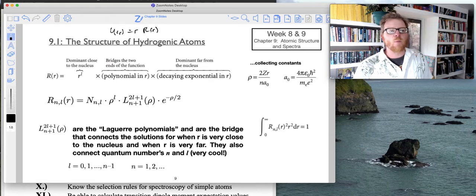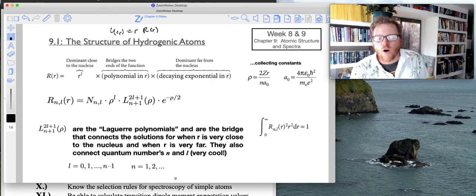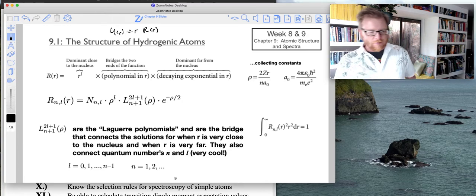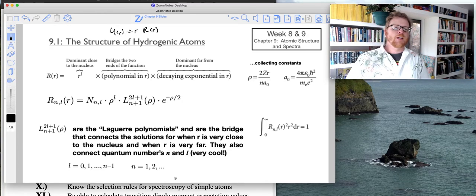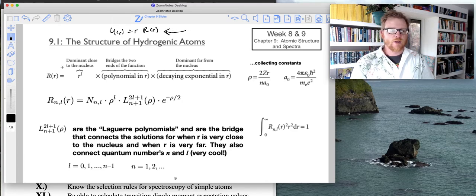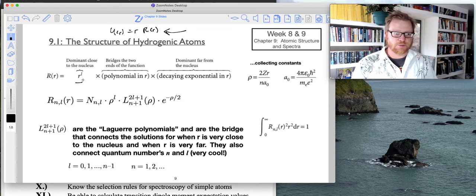We're not going to actually solve this thing ourselves. I'm showing you the approximate way to solve this, okay? So when we get back to our radial wave function, R, we have this r raised to the L power, dominant when the electron is close to the nucleus. We have this decaying exponential in r, dominant when the electron is far from the nucleus.